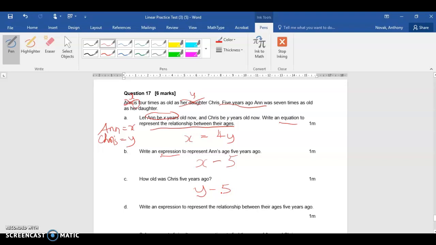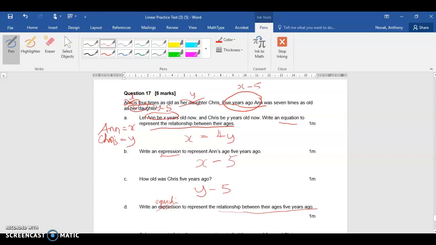Now, here's, I suppose, where they made a mistake. They should have really had their equation. So now we want to write an equation that represents the relationship between their ages 5 years ago. And that's where we go to the second sentence. So remember, we replace Anne's age with x minus 5, and replace Chris's age with y minus 5.